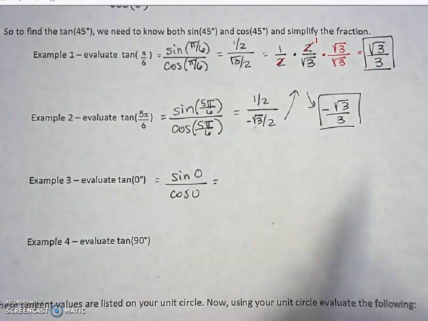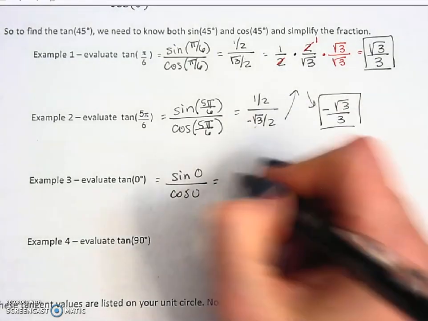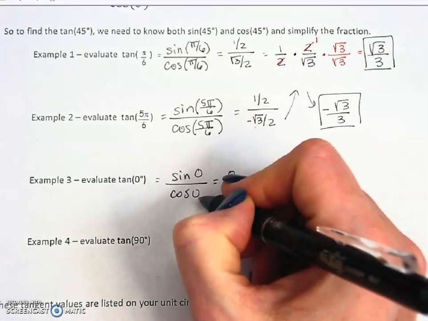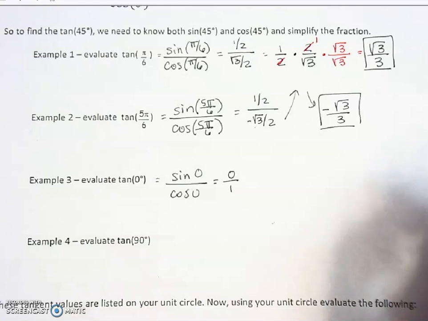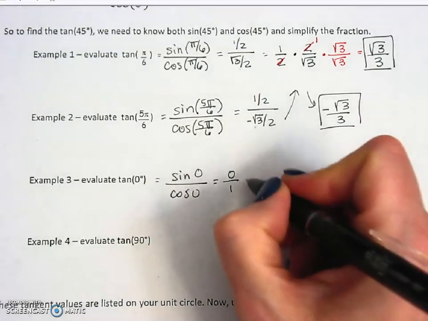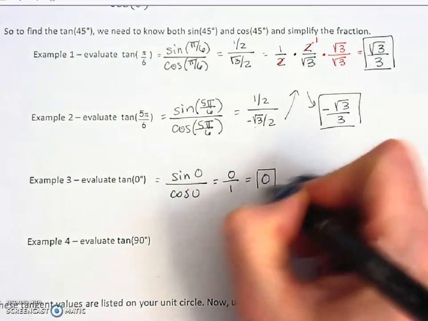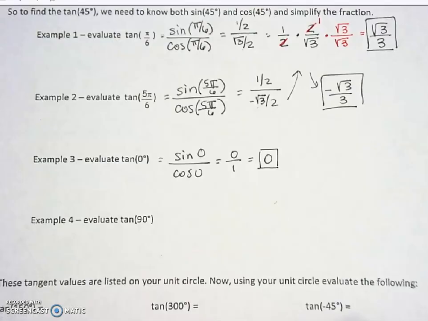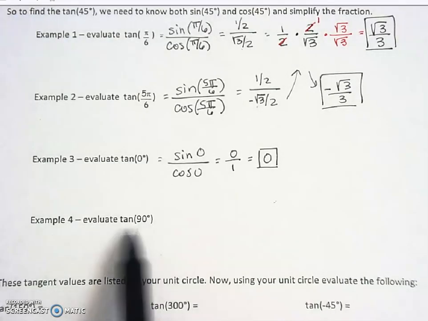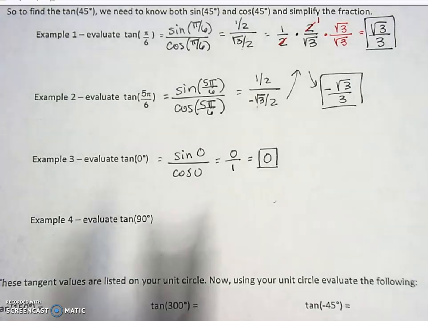So sine is the y value there, which is 0, and cosine of 0 degrees is the x value of 1. And 0 divided by anything is 0. Now you pause and do tangent of 90.